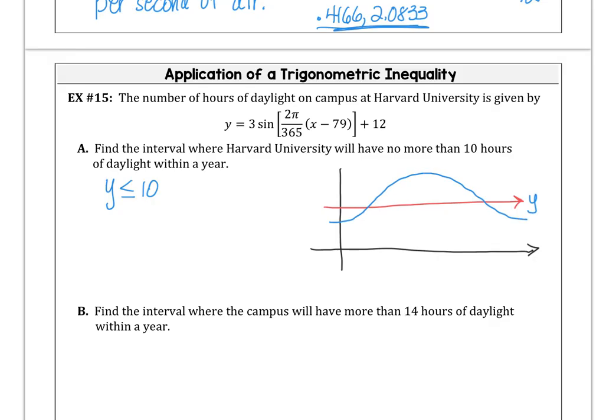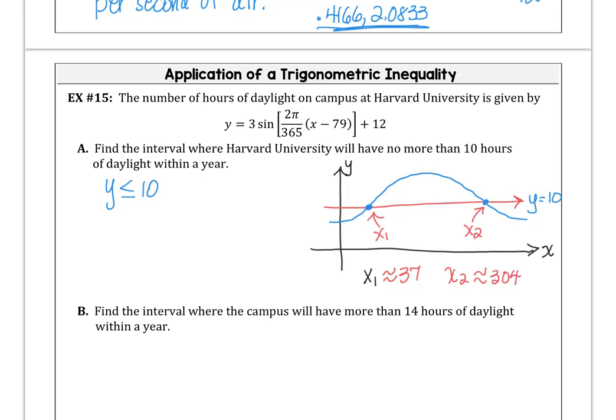So this is y equals 10. We're looking for those two intersection points, x sub 1 and x sub 2. We went all the way out on x to 365 for the year. And what happens? We're looking at this x sub 1 is about 37, and x sub 2 is about 304.